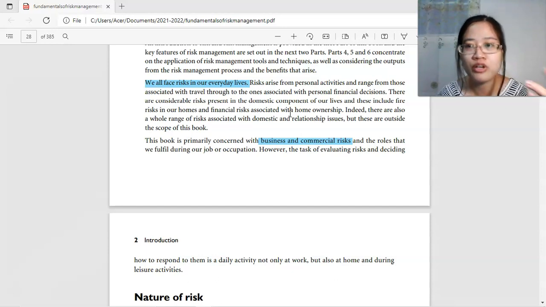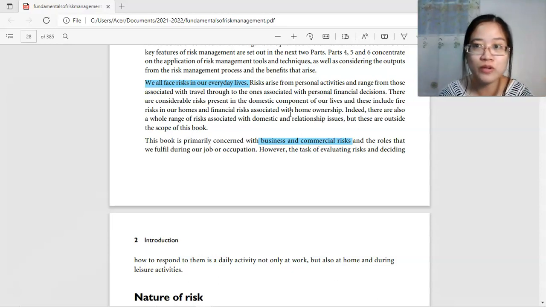Tapos, andun na rin yung business relations nila with other businesses, and of course, di ba, yung compliance nila with the regulatory agencies, with the laws and regulations. So, maraming maapektuhan when a business operates, and when they are exposed to certain risk, hindi lang normally sila yung affected.